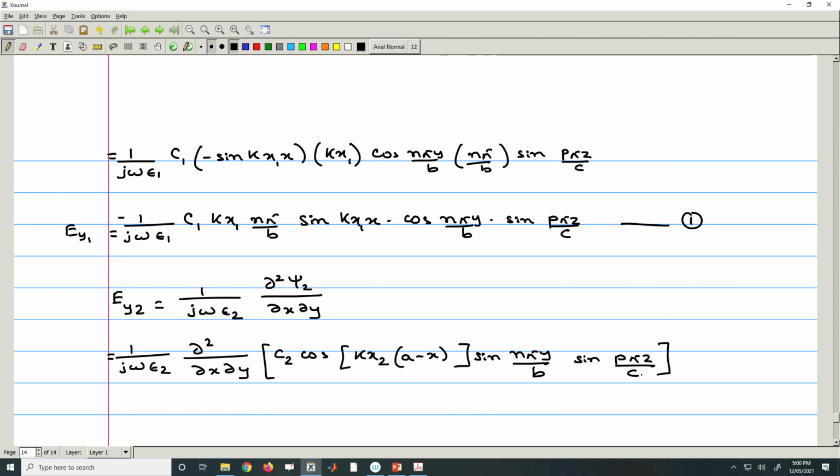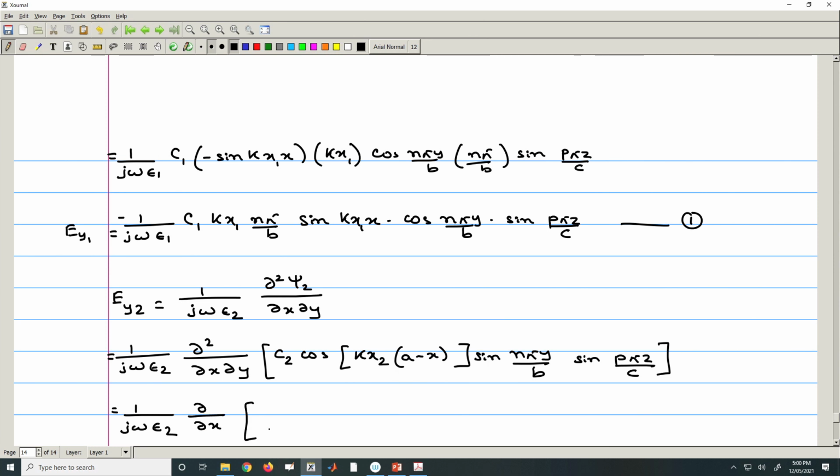First we will differentiate this with respect to y. So, we write 1 upon j omega epsilon 2 del of del x.